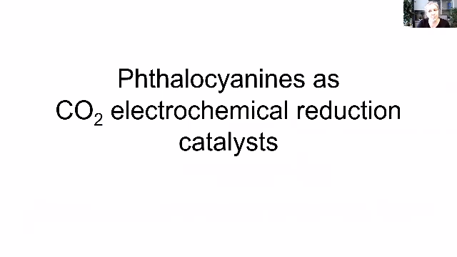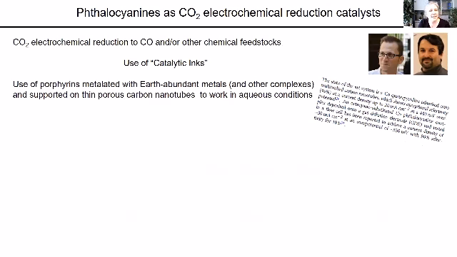And the first example that I'm going to give you is the use of phthalocyanines to electrochemically reduce carbon dioxide. This is a work conducted in collaboration by Ümit İşci in Gebze and Marc Robert in Paris. The purpose is that the reduction of carbon dioxide into carbon monoxide or into other chemical feedstocks, like for example methanol, is something that is really important nowadays.